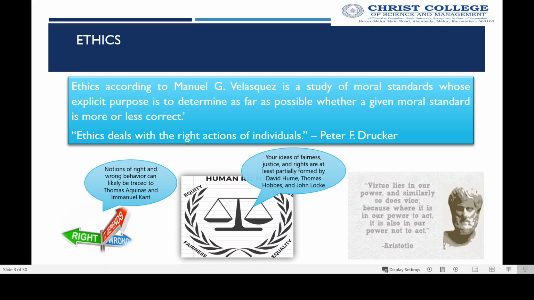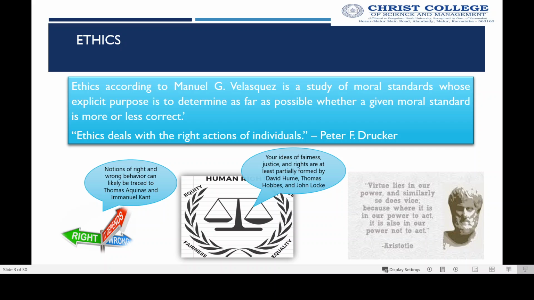And if you see Christianity, it has also given a lot. Islam, yes, it has provided many, like the Prophet has told so many things to be a righteous person. So each religion has its contribution towards ethics.